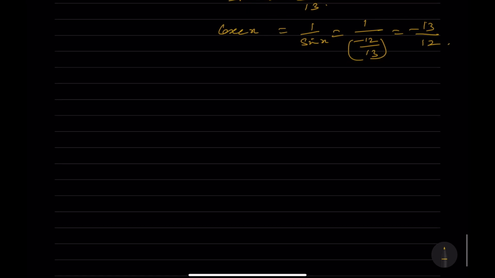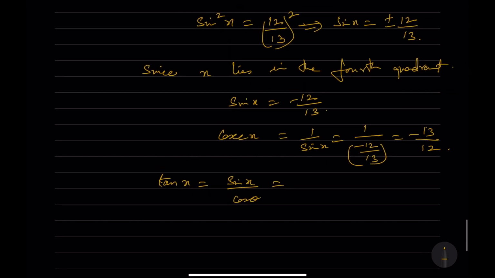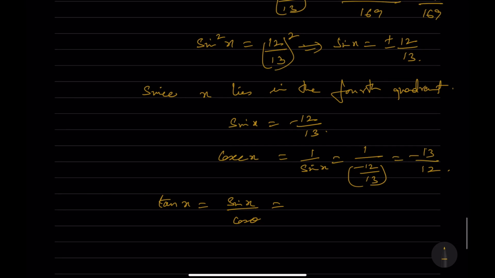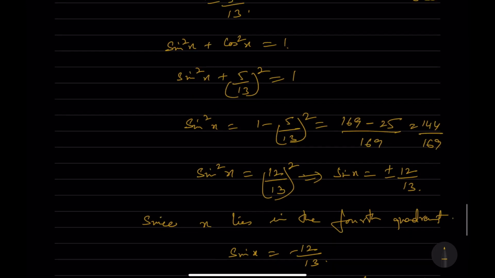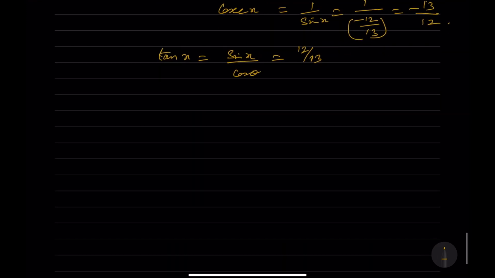Next we can write for tan. Now tan is nothing but sin x by cos x. So in this problem, sin x is 12 by 13, and cos x is equal to 5 by 13.